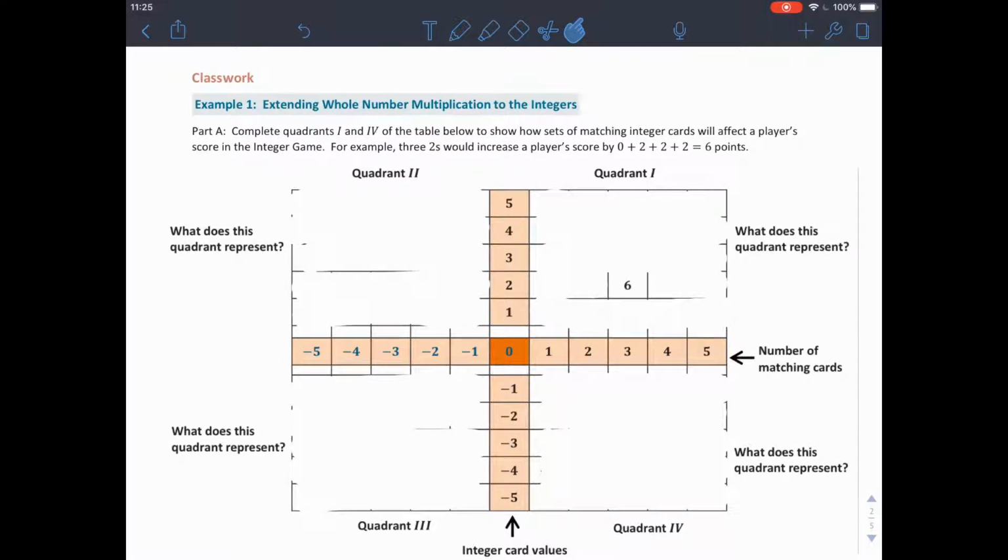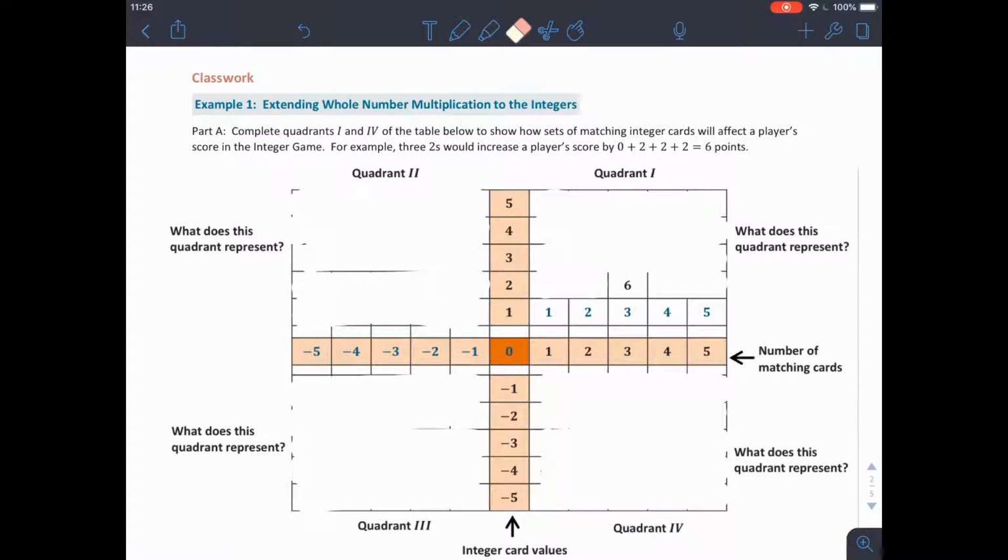So quadrant 1 should be relatively easy for us to fill out because it's just a multiplication table. 1 times 1 is 1, 1 times 2 is 2, 1 times 3 is 3, and so on. If we had the card of 1, the number of times that we have the card gives us our answer.